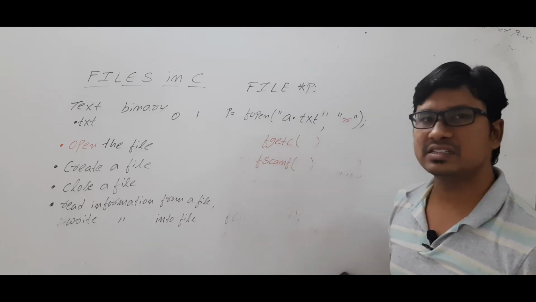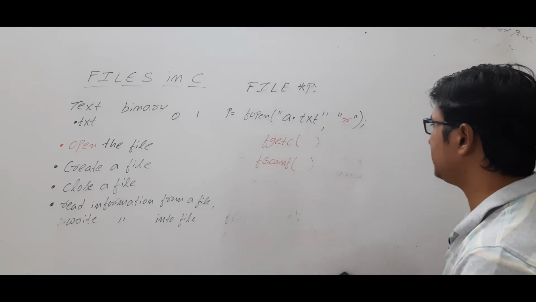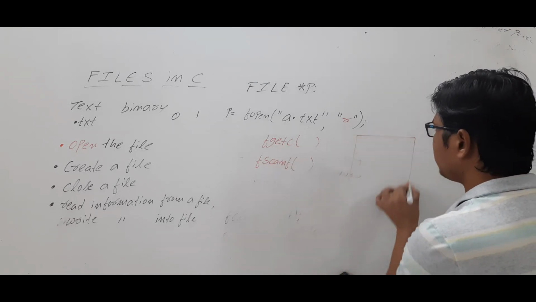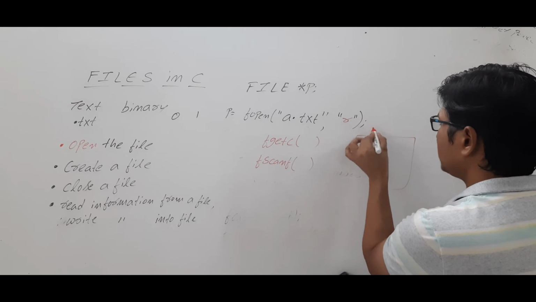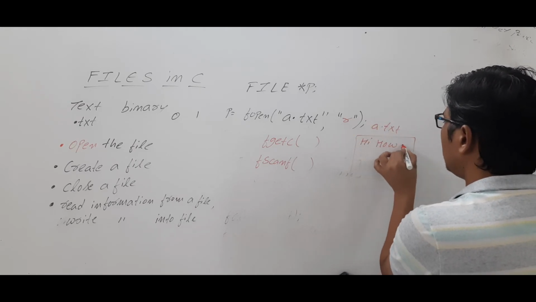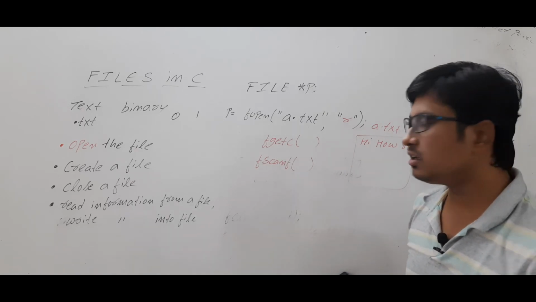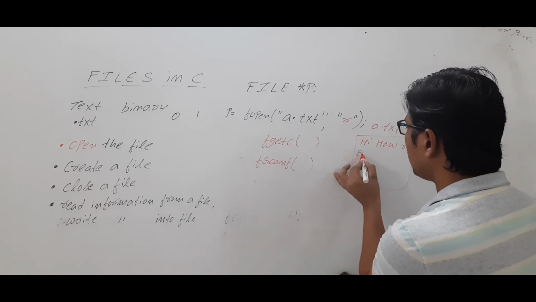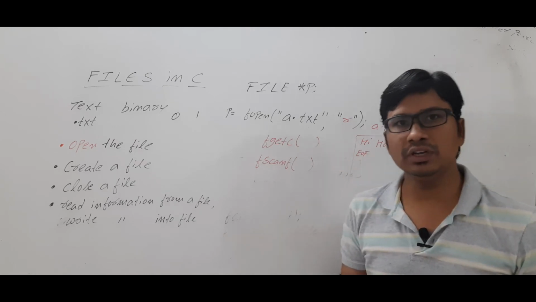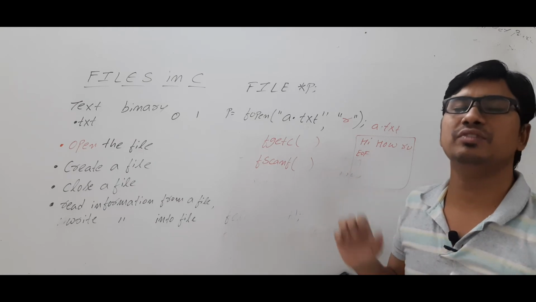Now fgetc will read the file character by character. That means you have a file a.txt with "hi, how are you?" in it. And remember one thing: each file ends with a special character called EOF. The EOF character helps you recognize the end of the file.